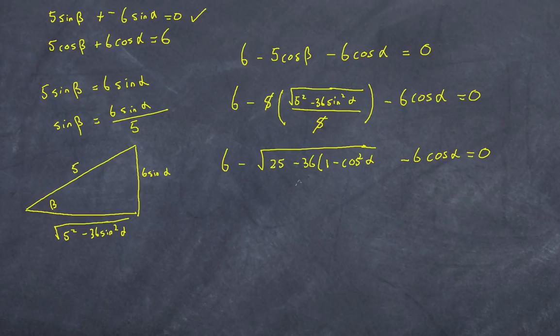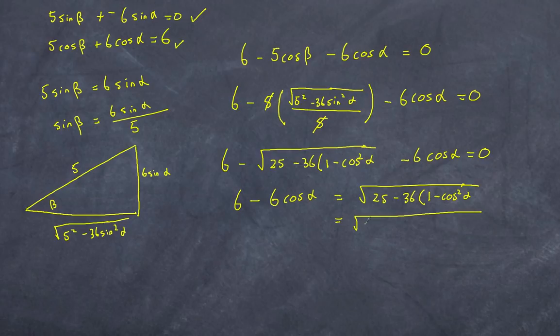I'm now going to get the square root by itself. So I've got 6 minus 6 cosine alpha is equal to the square root of 25 minus 36 outside of 1 minus cos squared alpha. Again, we can clean this up: 36 cos squared alpha minus 11.